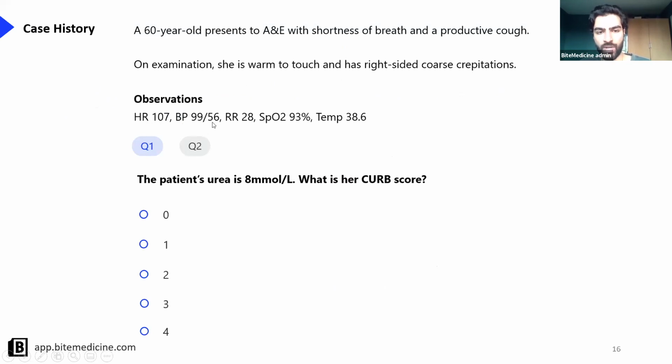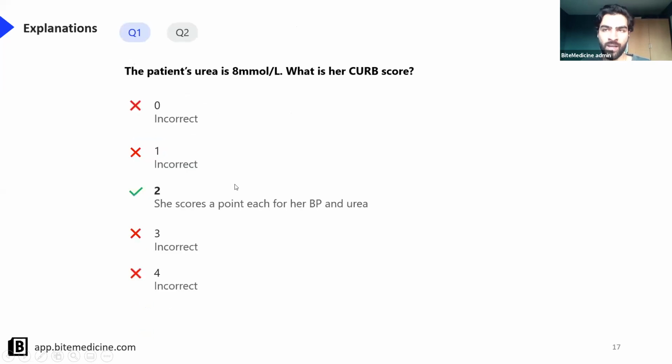The blood pressure and the resp rate are. So her resp rate is less than 30, so she doesn't score for that. Her diastolic blood pressure is less than 60, so she scores 1 point for that, and 1 for her urea, so a total of 2 points. We'll go on to the CURB score again later. But it's a way of grading the severity of the pneumonia. And in this case, she scores for her blood pressure and her urea.